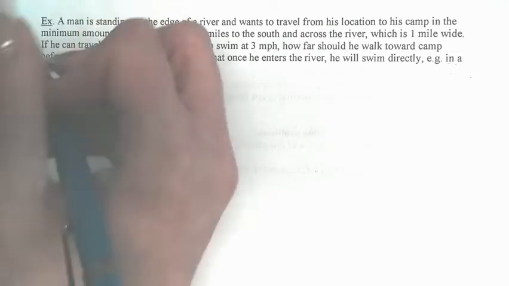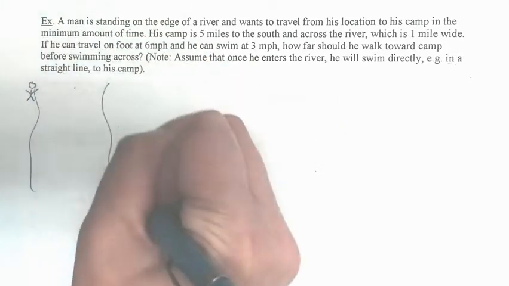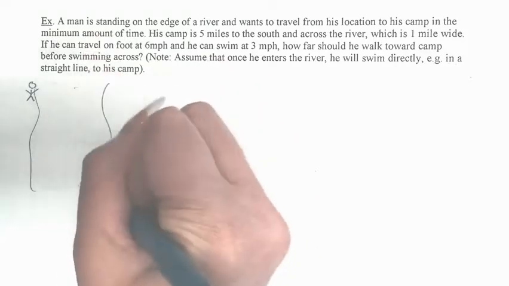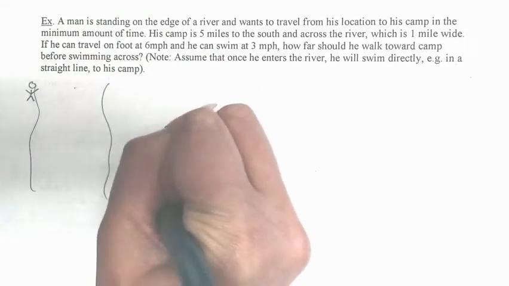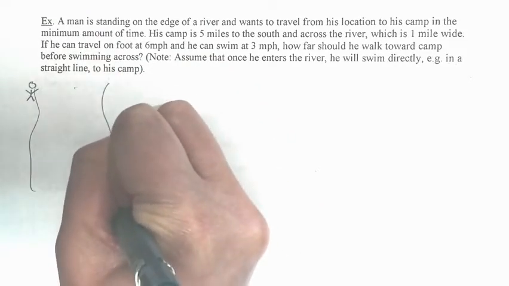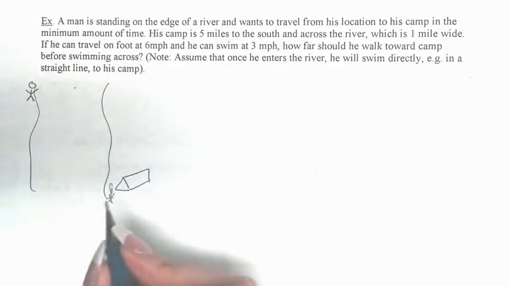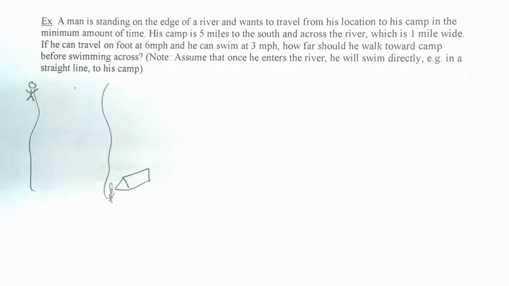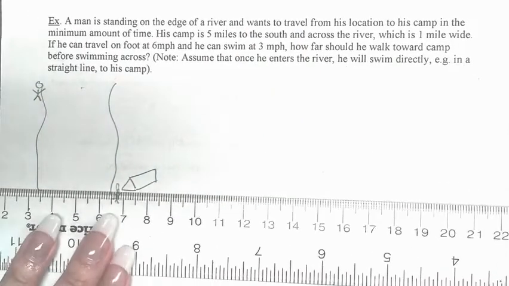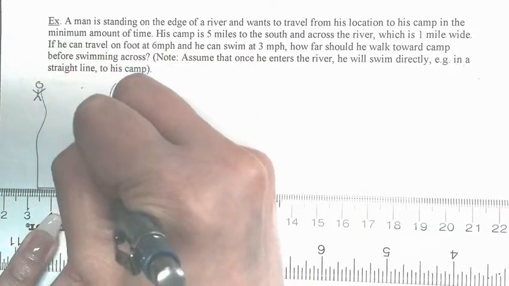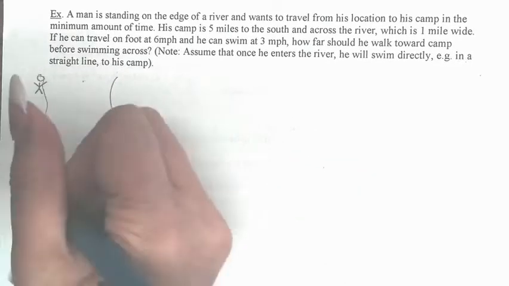So he's going to pretty much do a straight line to his camp from when he gets into the river. So let's draw the situation so we can understand what we have here. My guy is over here, and he's next to the river, right? So this is the river. The camp is over here, here's the fire, everything. So what do you know? The width of the river is 1 mile.